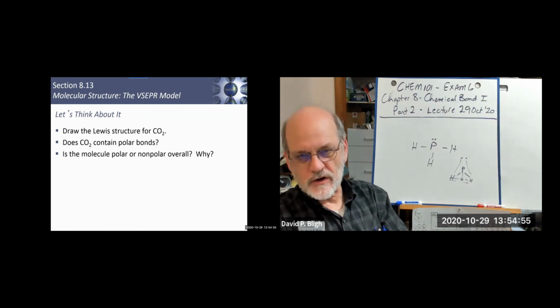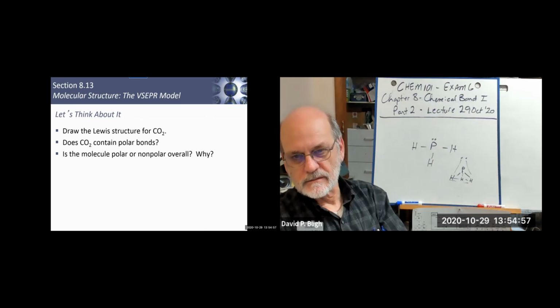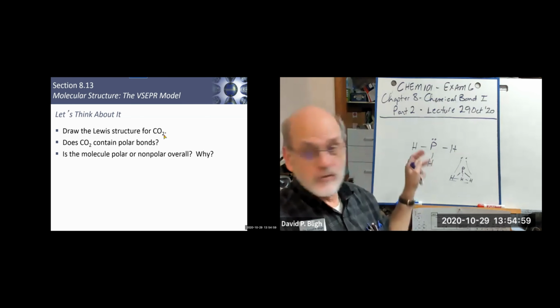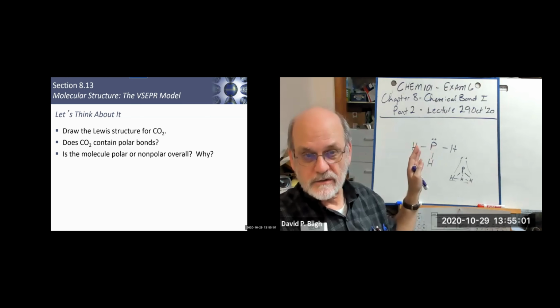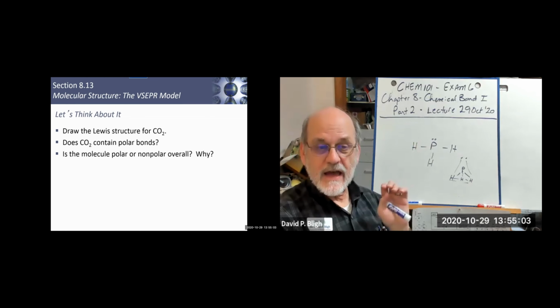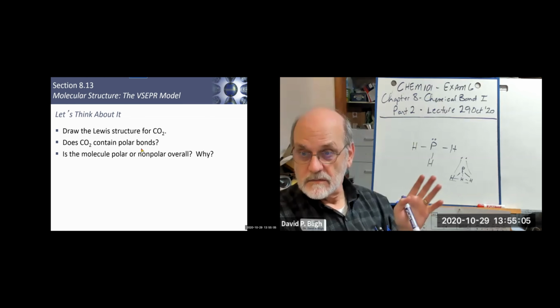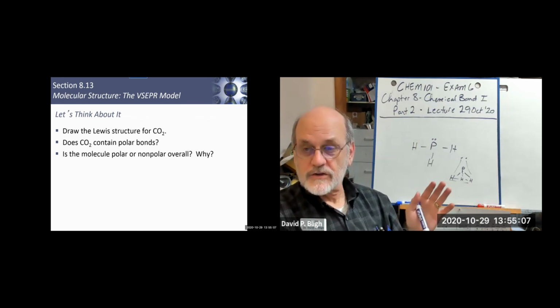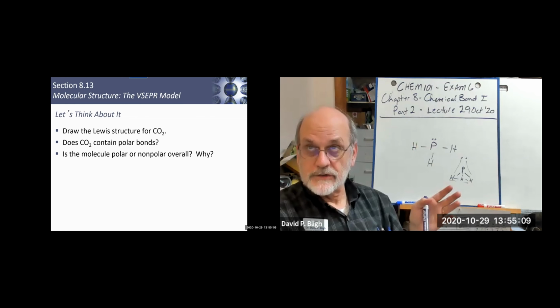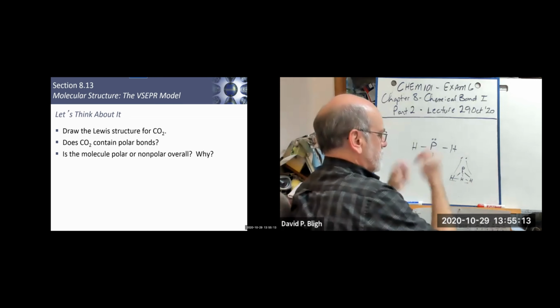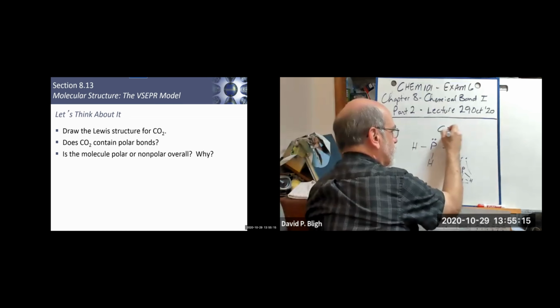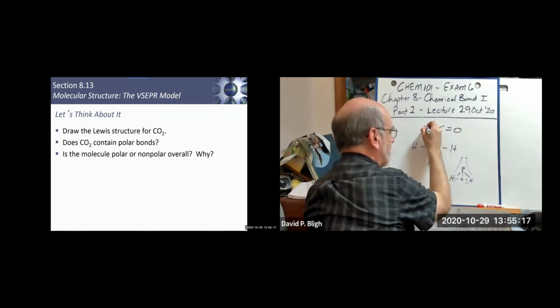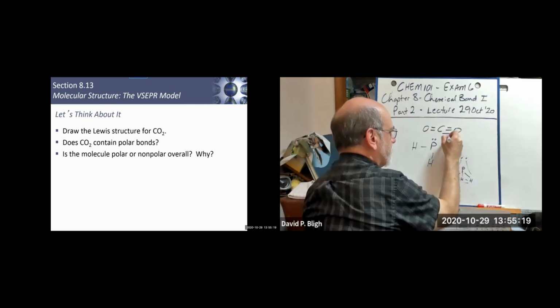The Lewis dot structure for carbon dioxide, I drew that before. No lone pairs. Does it have polar bonds? Yes. Oxygen is more electronegative than carbon. It's to the right of carbon. So the polar bonds in that molecule are like that.